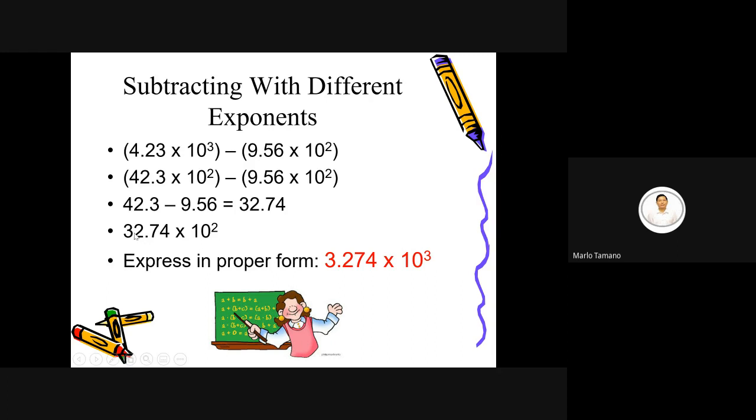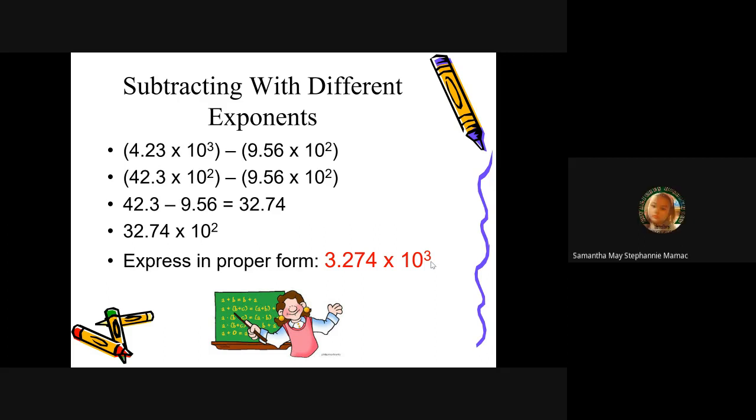Going to the left is plus 1, while going to the right is minus. So we add 1 to the exponent 2 and it becomes 3. Therefore, your final answer is 3.274 times 10 cubed. Can you follow?